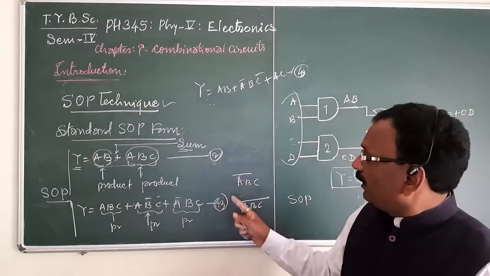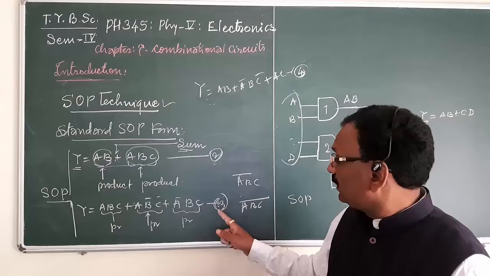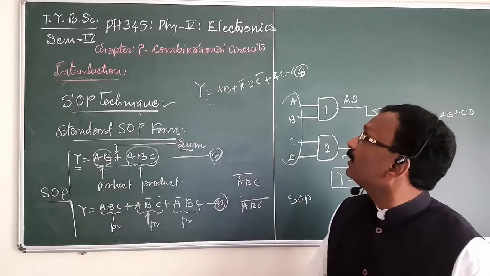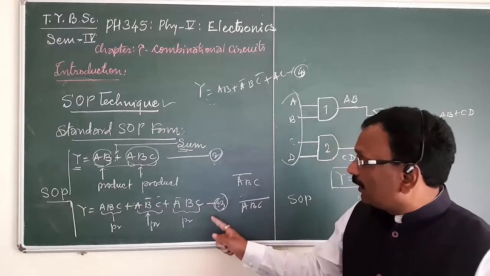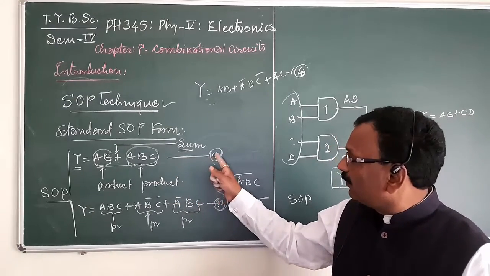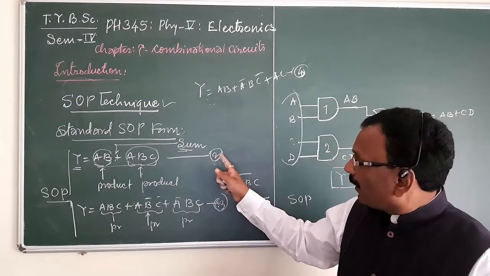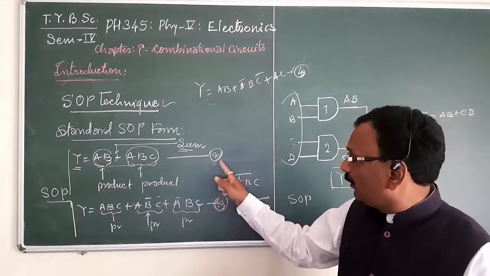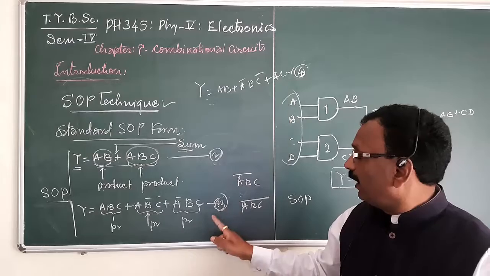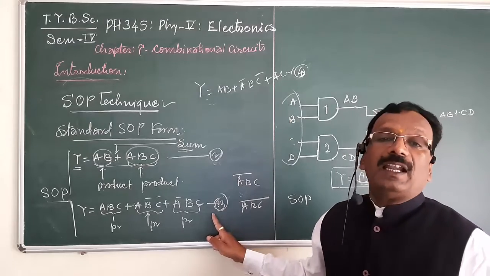When you observe equations 3 and 4, what is the difference between 2 and 4? These equations are SOP, remember that. Equations 2 and 4 are SOP and equation 3 is standard SOP.